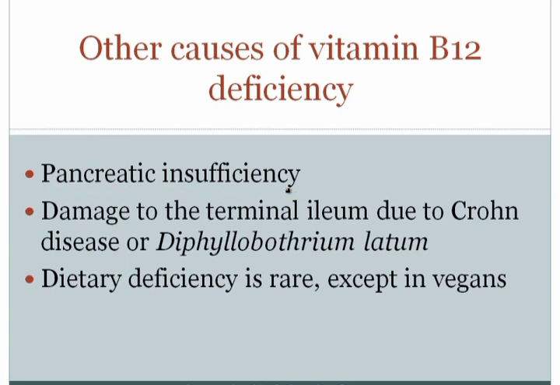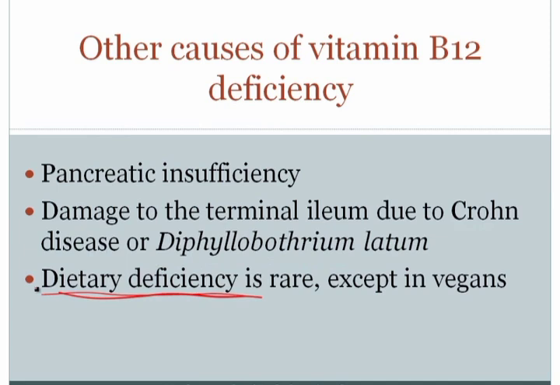Another cause would be damage to the terminal ileum. Remember that vitamin B12 is absorbed in the ileum, and so if there's damage, for example, to the terminal ileum, as would be seen in Crohn's disease, or as would be seen with fish tapeworm, then that would result in a vitamin B12 deficiency. A third cause that I've listed here is dietary deficiency.